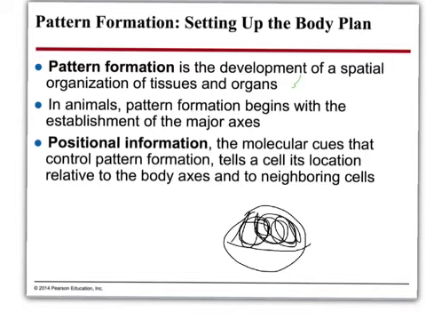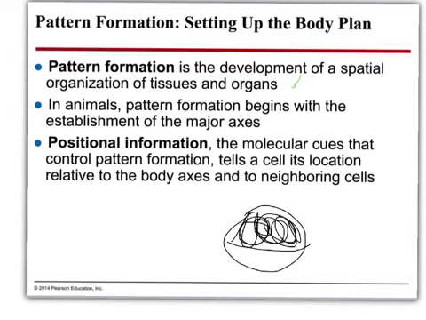So from the very beginning, how the egg is formed, you have a difference in top and bottom, right? And eventually you have a difference from front to back, right? So this is what's called pattern formation. At the very beginning of development, the egg ends up being a sphere, right?